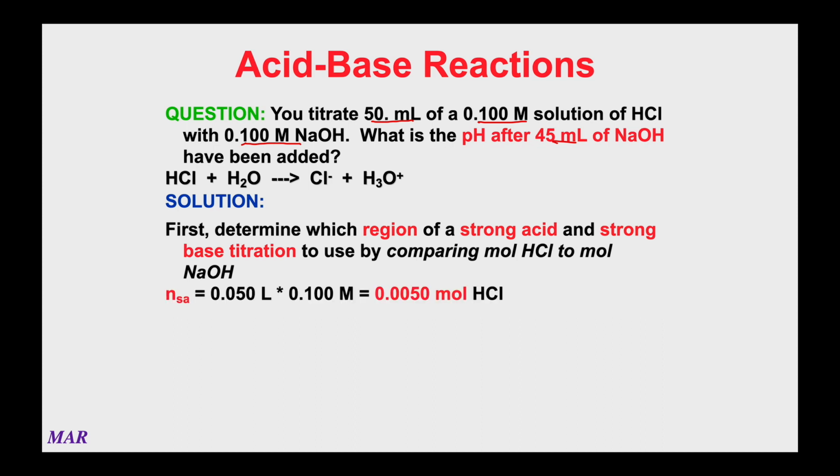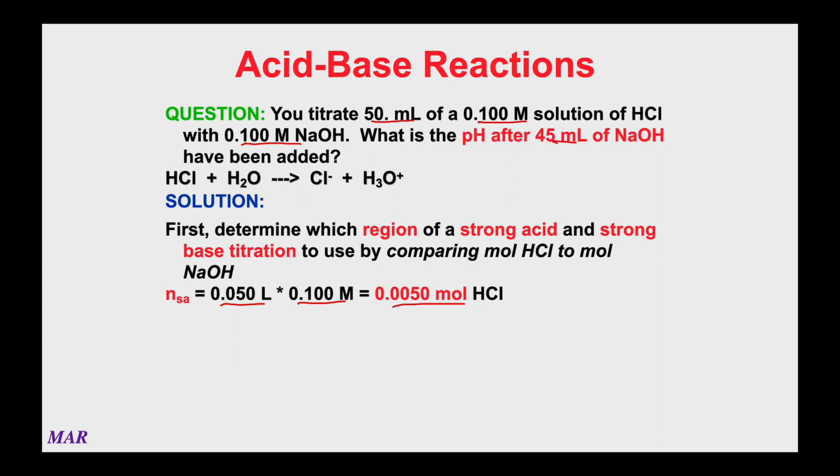So what we're going to do is the volume times concentration thing I mentioned earlier. We're going to take the volume of the strong acid in liters, 0.050 liters, multiply it by the concentration, 0.0050 moles of HCl. And again, that number will not change for this lab.